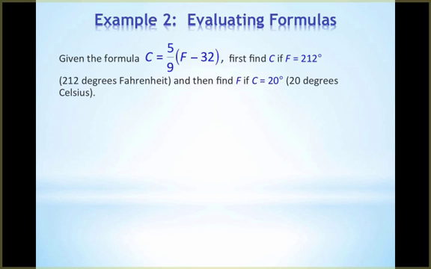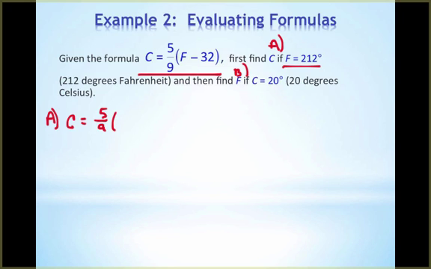Now let's look at a formula that involves the difference between Celsius and Fahrenheit temperature. So we have the formula that Celsius equals 5/9 of the difference between the Fahrenheit temperature and 32. So first we want to find what C would be if F was 212, and then that's going to be A part. B part is find out what F would be if C is 20. So let's work A. C equals 5/9.